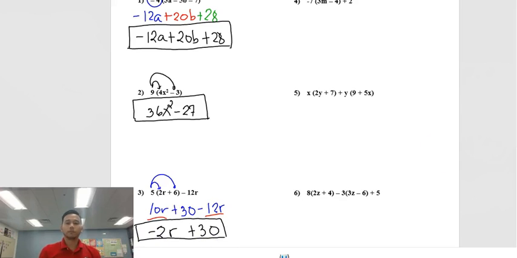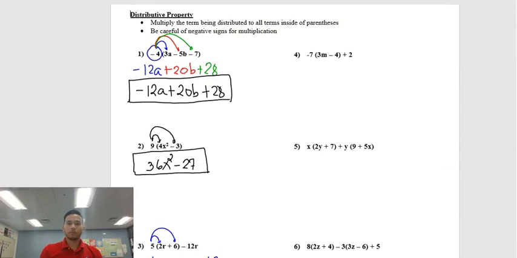All right. Next problem. We have negative 7 times the quantity 3m minus 4 plus 2. You have to distribute your 7 to 3m and to negative 4, because they are inside the parentheses, and before the parentheses we have negative 7.